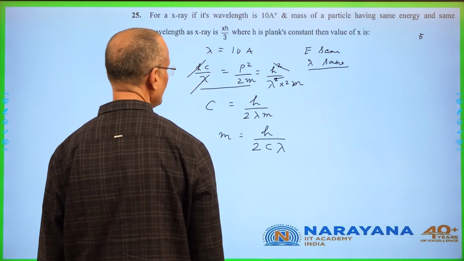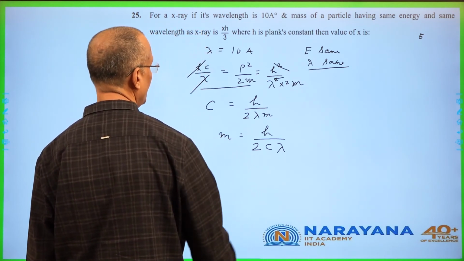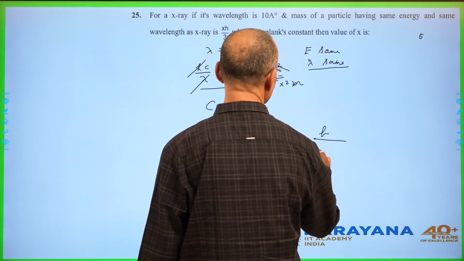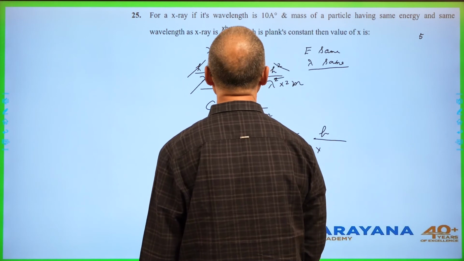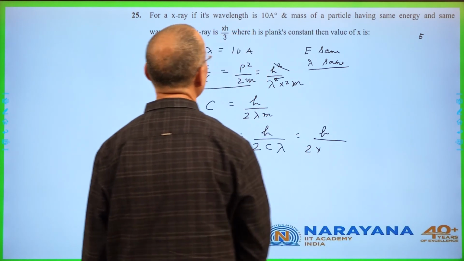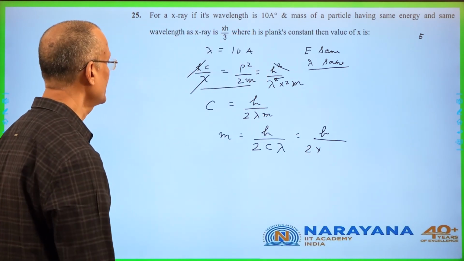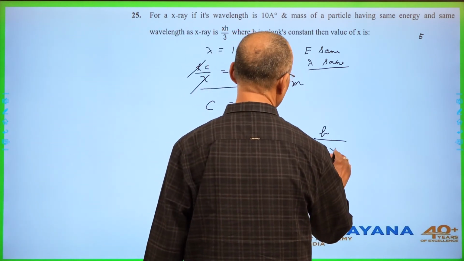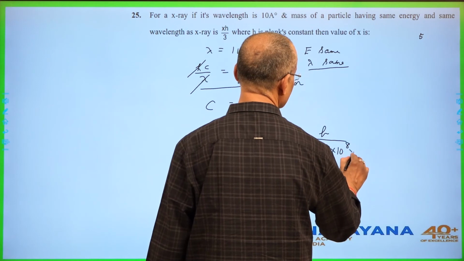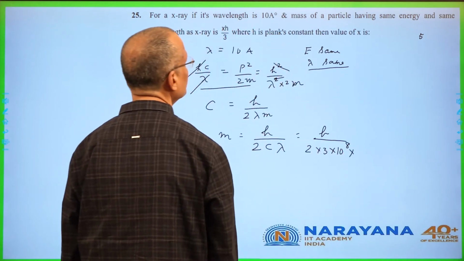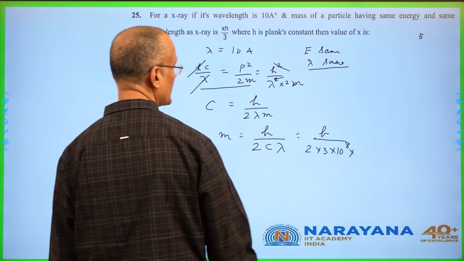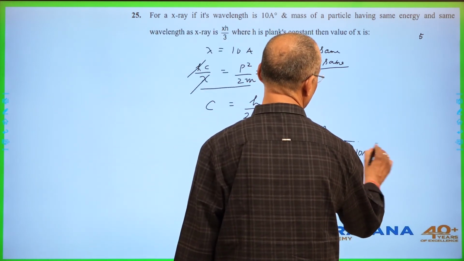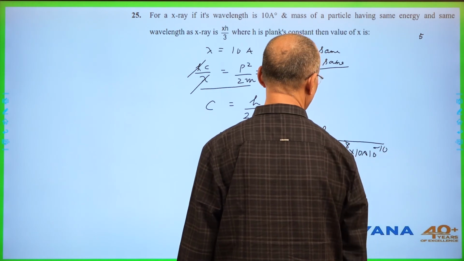So the C value you will have to substitute, and here it is 2C. They have not told you in which unit, so I will be taking 3 10 to the power 8, and lambda 10 angstrom, 10 to the power minus 10.